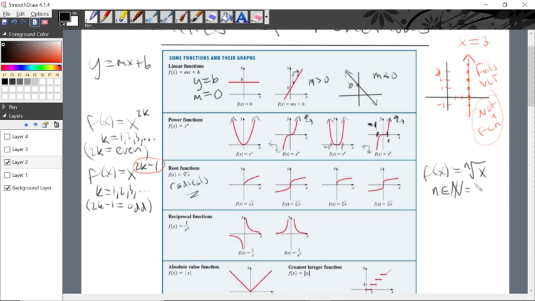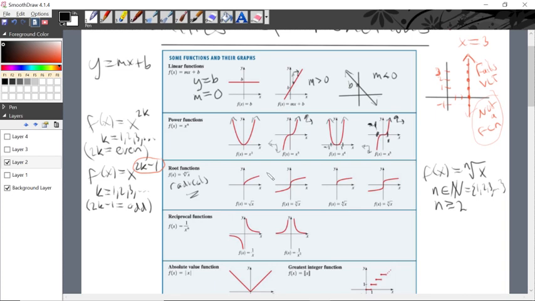Natural numbers are the counting numbers 1, 2, 3, etc., expressed as a set there, and n is going to be greater than or equal to 2. When n is equal to 2, we're dealing with a square root function, and that's this one right here. When n is equal to 3, it's a cube root. 4, it's a fourth root. 5, it would be a fifth root, and so on.